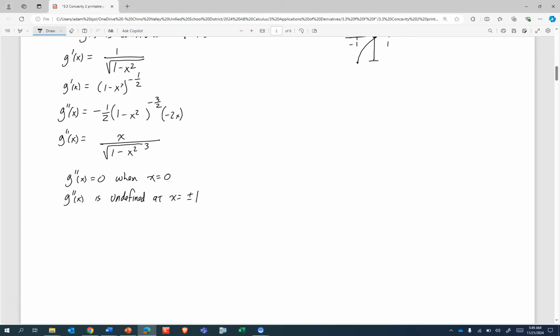Alright, sign chart. Bars at the ends for negative 1 and 1. These are x's. We're talking about the sign of g prime. Nope, g double prime. 0 in the middle. And let's see, an x value between 0 and 1, we can just think a positive number, 0.1. 0.1 makes the numerator x positive. 1 minus 0.1 squared is positive, and the square root of that would be positive, cubed would be positive.